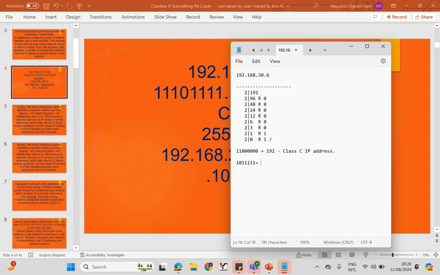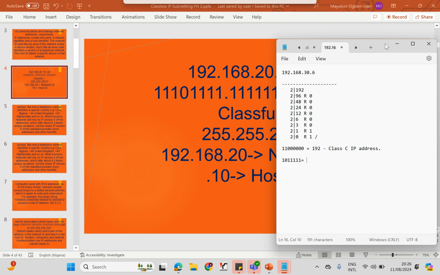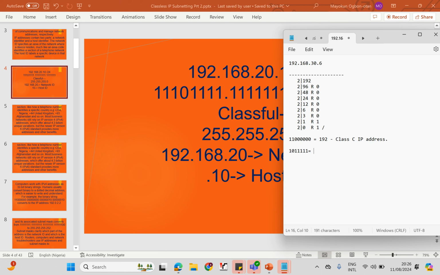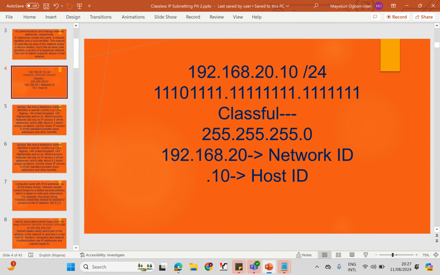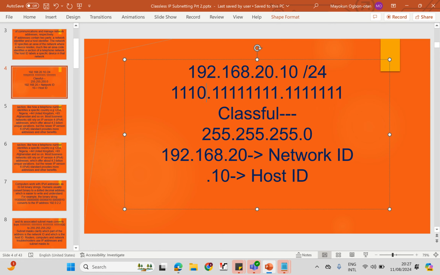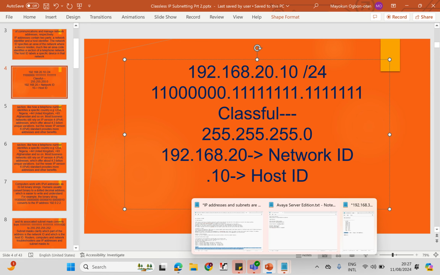In the last class, I was sharing this. When we converted 192, we saw it as 11000000. So this 192 is 11, then 0 in 6 places. So that's our 192.